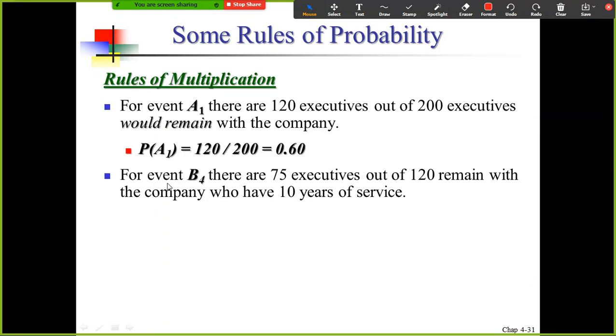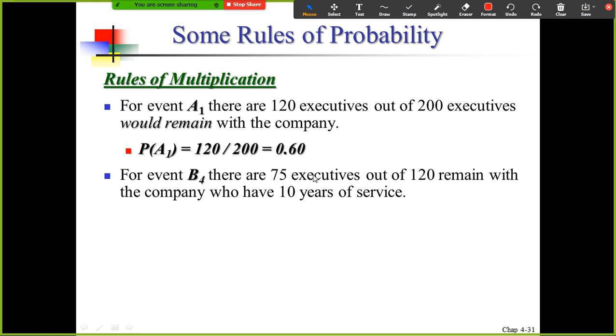For the event B4, there are 75 executives among 120, not among 200. Why not among 200? Because our question asks for remaining with the company and working more than 10 years.